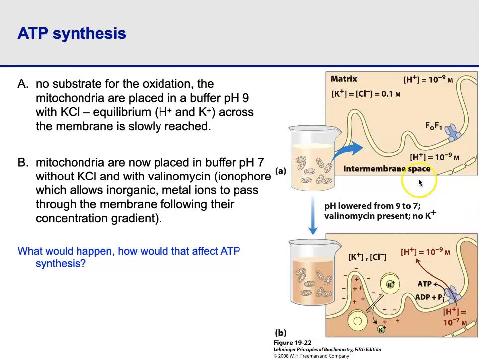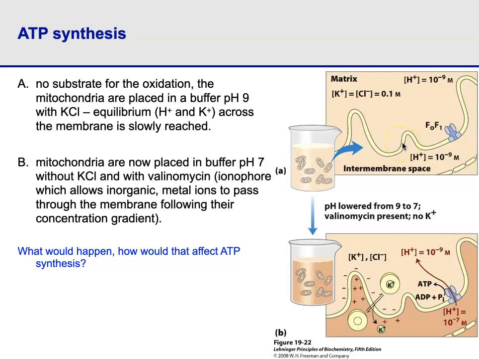So suppose now that we isolate mitochondria and allow them to incubate for a while at pH 9, which is fairly basic, and in a fairly high concentration, 100 millimolar, of potassium chloride, that eventually will allow equilibrium between potassium and protons across the membranes.